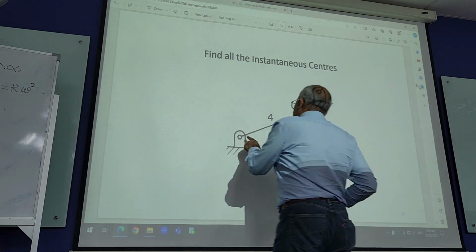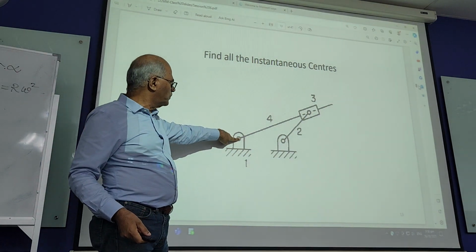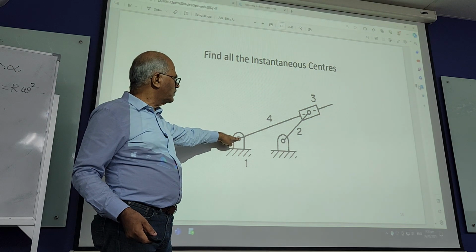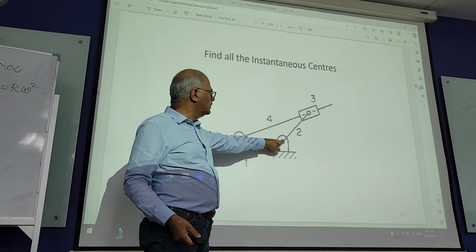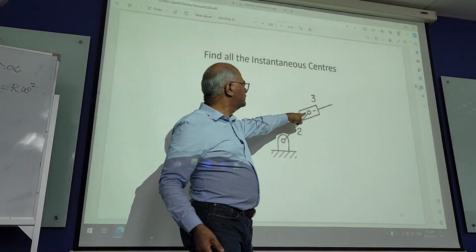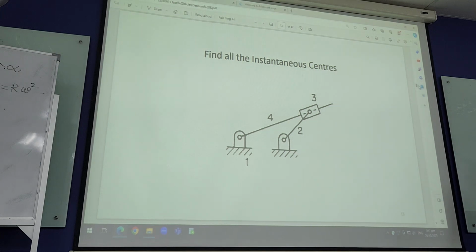What is the instantaneous center here? 1, 4. So this is link 4, this is ground. This one? 1, 2. Where are the other instantaneous centers?